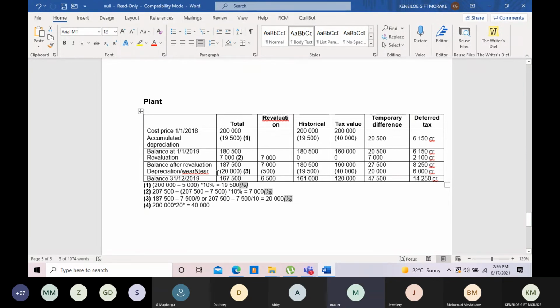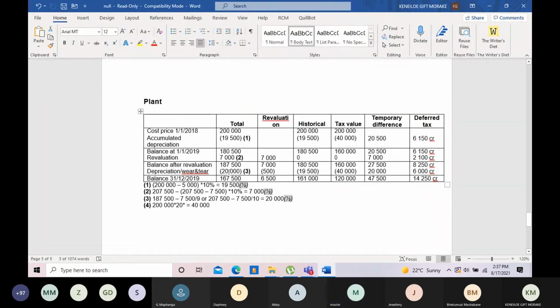Same thing even here. 187,500 minus 160,000. Let me try to prove that one. 187,500 minus 160,000 is 27,500. Your temporal difference is here. You keep on doing one and the same thing.